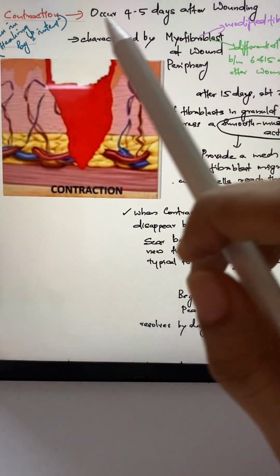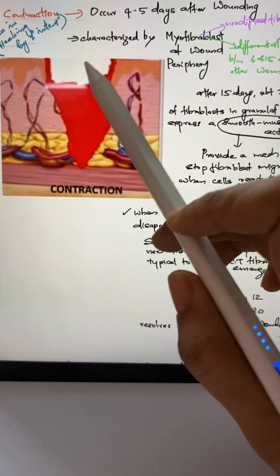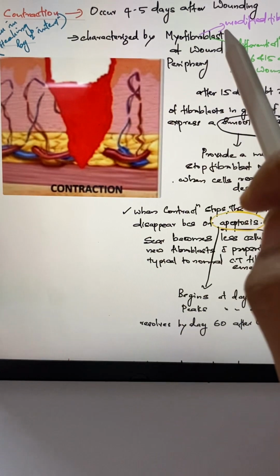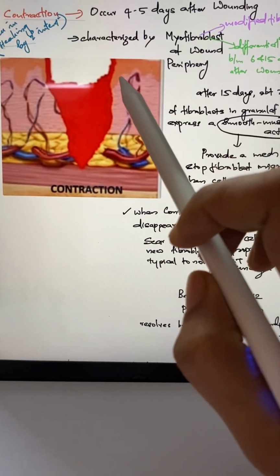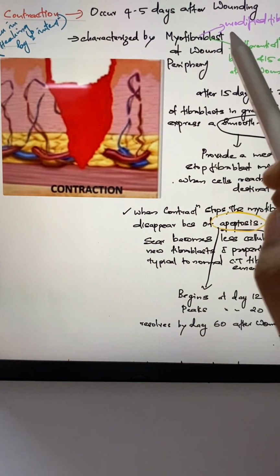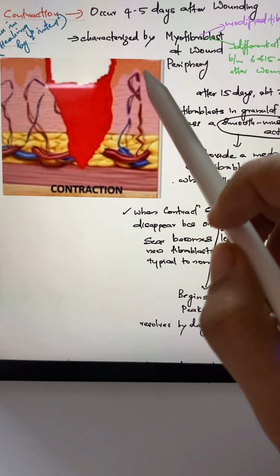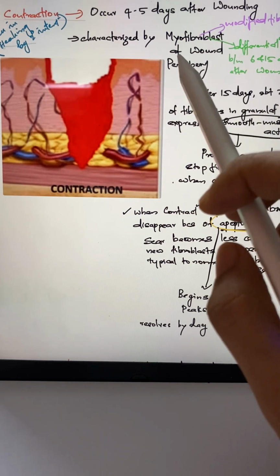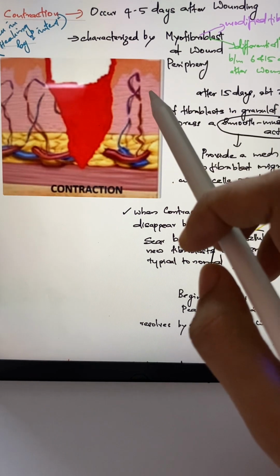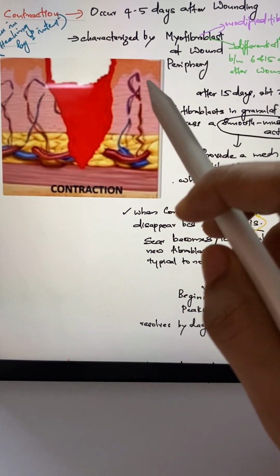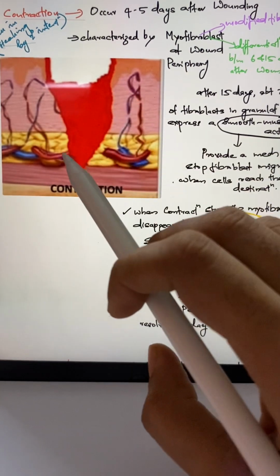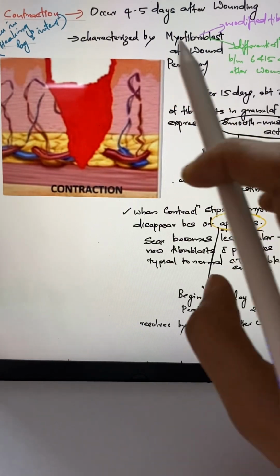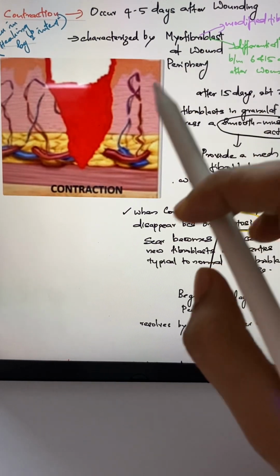This occurs around 4 to 5 days after the wounding. It is characterized by myofibroblasts, which are modified fibroblasts. The differentiation of myofibroblasts occurs between 6 and 15 days after the wounding. After 15 days, about 70% of the fibroblasts in granulation tissue express smooth muscle actin, which is the myofibroblast action.